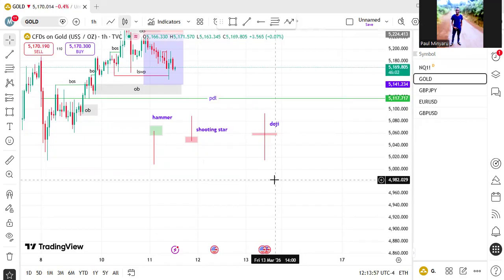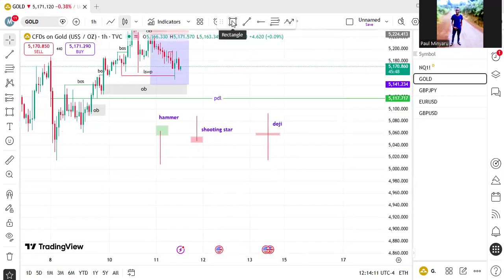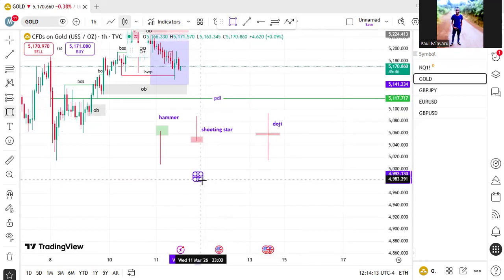It occurs when the body of the second candle completely covers the body of the previous candle. This is what I mean. Just an example I can illustrate right here.